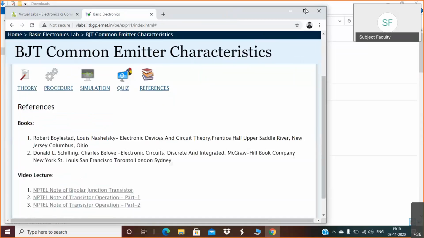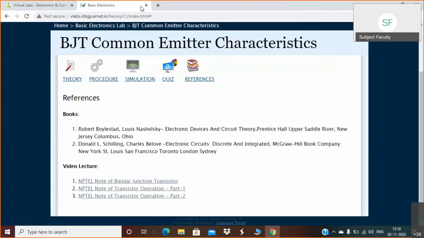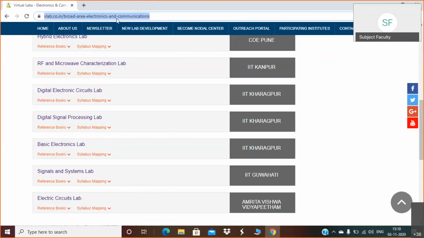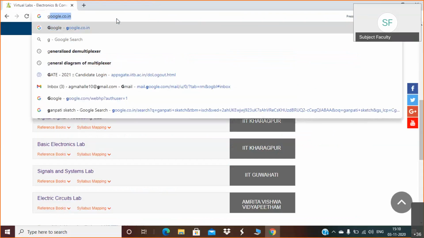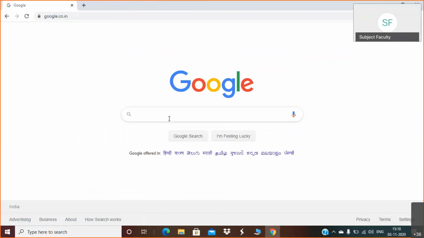All right. So anyway, so I am again summing up today's practical session now. So what we have seen in today's practical, we have seen 2 labs, virtual labs. We have seen how to access the virtual labs.